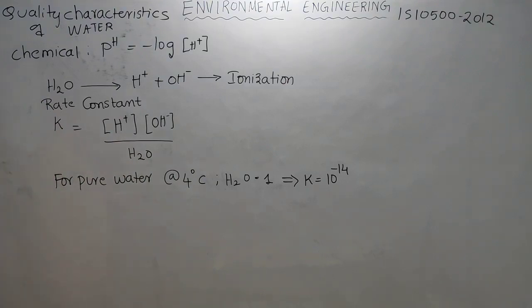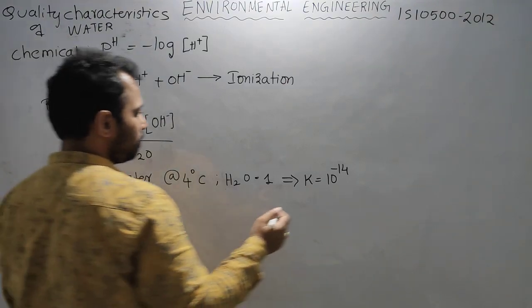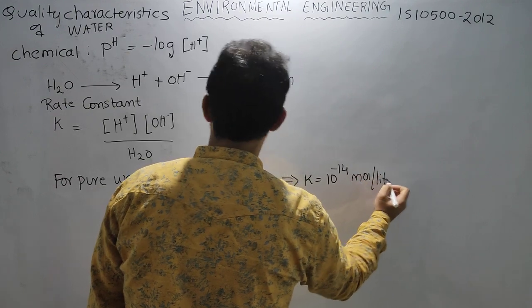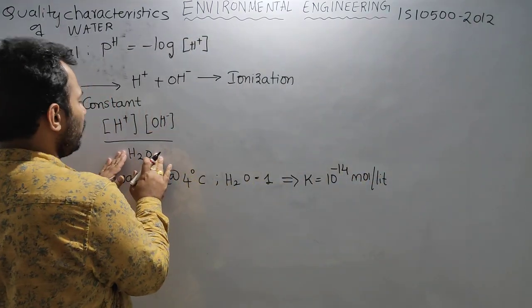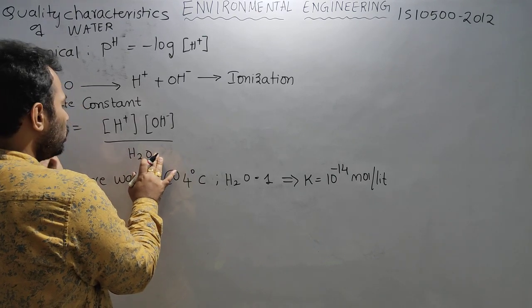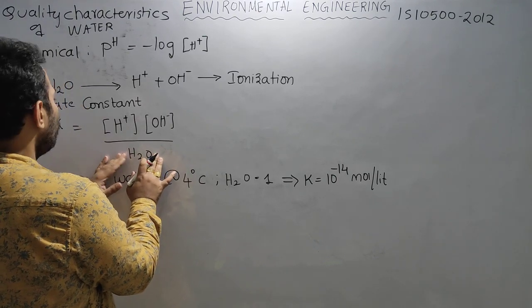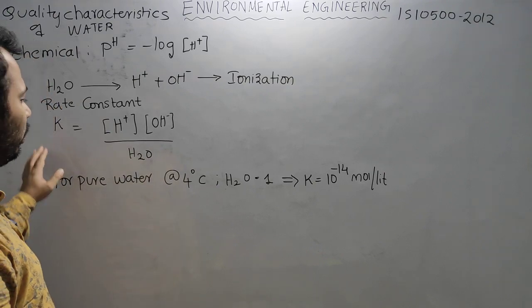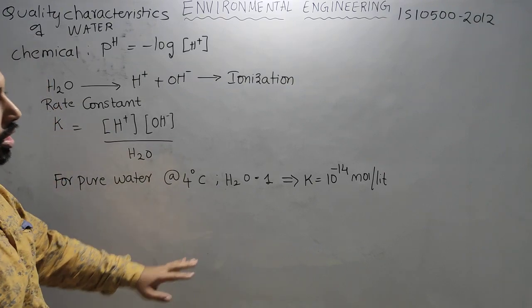So when you take the unit concentration of H2O, then you will get the value of K as 10 to the power of minus 14 for pure water at 4 degrees centigrade.